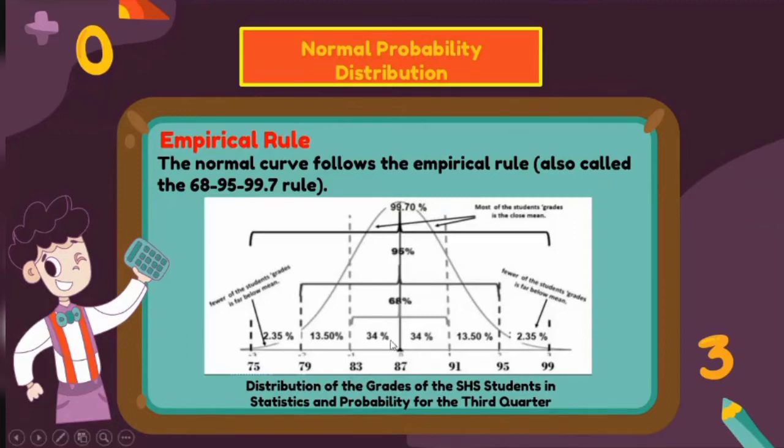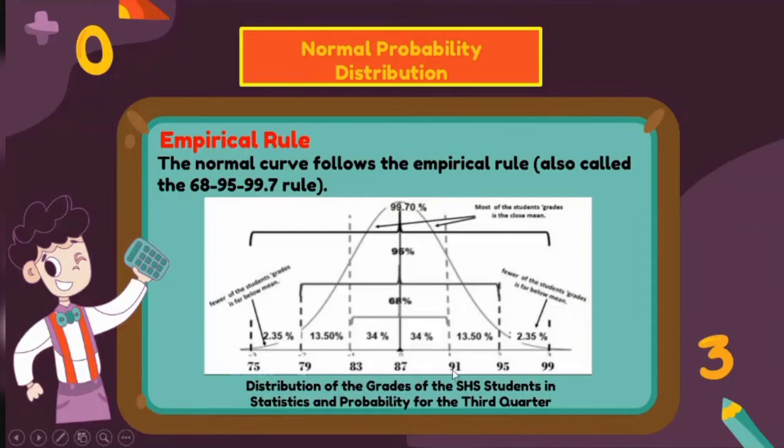We have 34% of our grades lying in that given region. So 34% of the students scored 83 to 87. The same thing on the other side: from 87 to 91, 34% of the students' grades lie within that given interval.